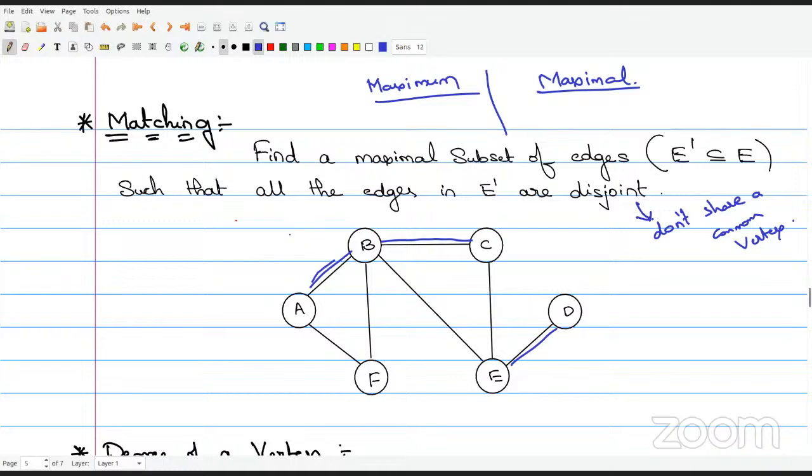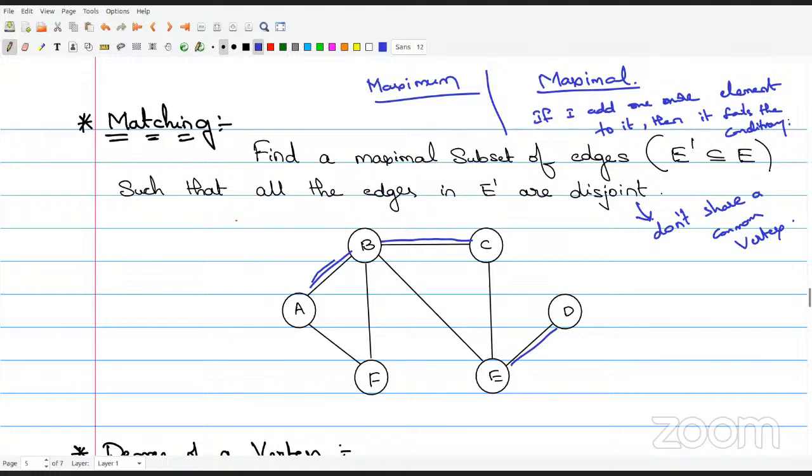And what I am trying to get is the maximal. Maximal means if I add one more element to it, then it fails the condition.